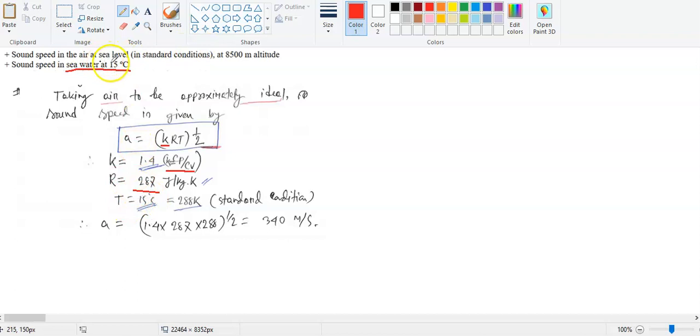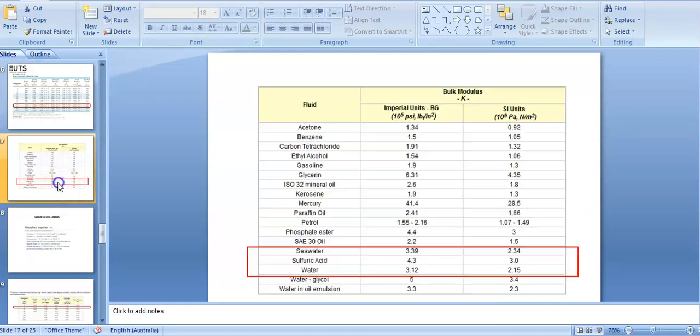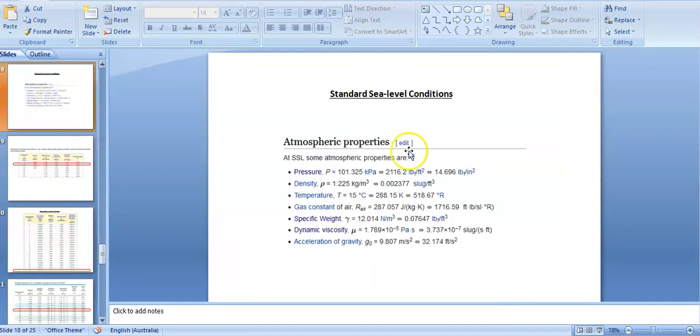When it is the sea level air, in the standard condition, the temperature is 15 degrees centigrade. You will find it in one of the tables. If you see the slide, I have included some information: standard sea level conditions and the corresponding pressure, density, temperature.